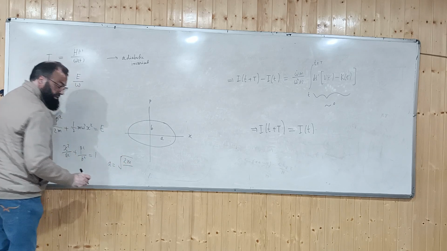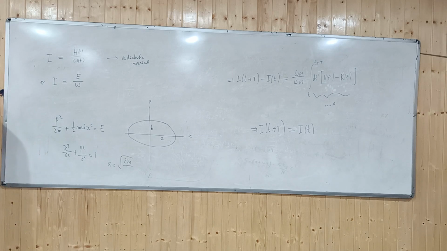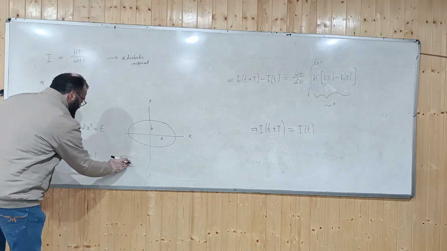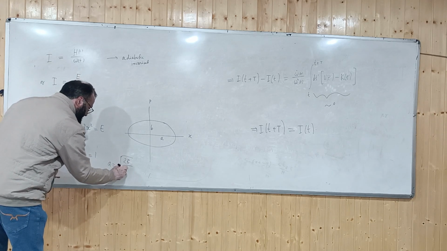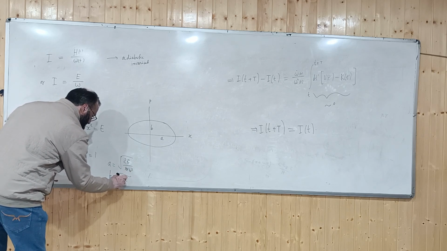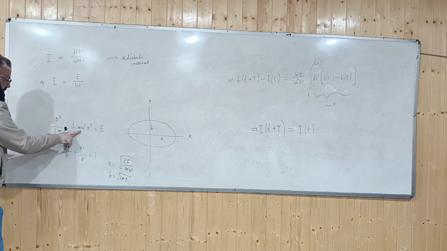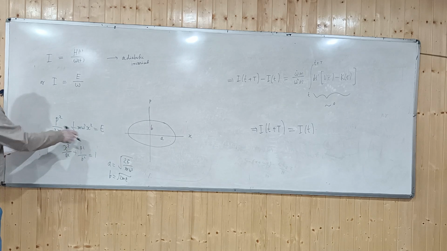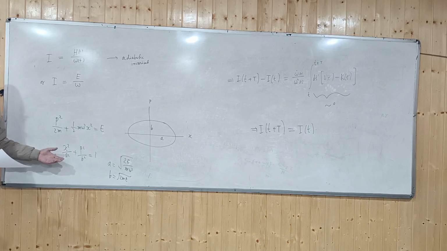2E by mω², so a is root of 2E by mω² and b is equal to root of 2mE. So you divide it here and put ω² in the denominator. So you will get this kind of thing. Clear?